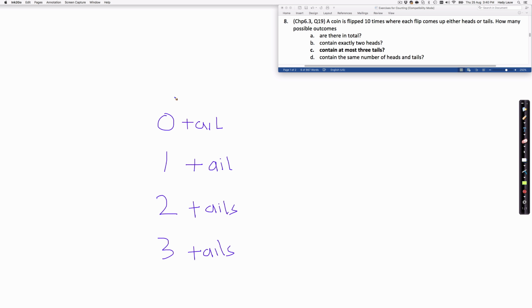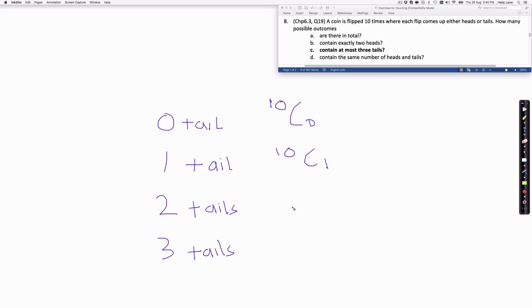Now, the outcome that has 0 tails means that everything is heads. So if we are looking for a slot within the 10 to fill up with tail, we can't. So this number is 10 choose 0. 1 tail means there are 10 possible coin flips, and only 1 turns up tail, so we choose 1 out of 10 possibilities to be the tail.